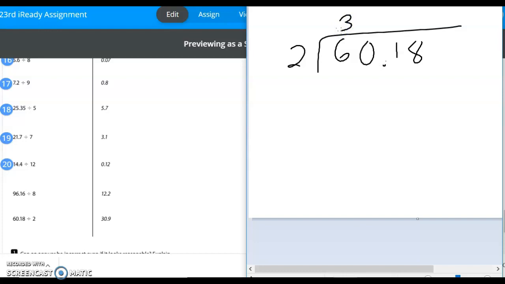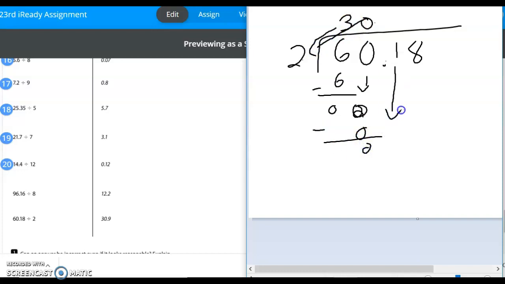So 3 times 2 is 6. I subtract, I get 0. I'm going to bring down my 0. That's a 0, not a 2. 2 goes into 0 0 times. 0 times 2. Right? We're doing that now. Is 0. I'm going to subtract. I'm going to get 0 again.